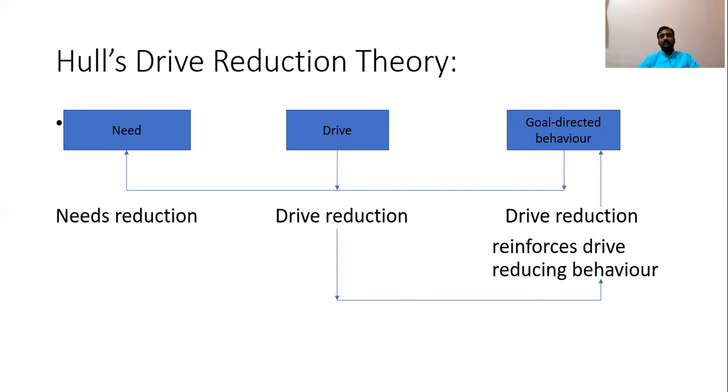So by explaining these two examples, Hull's drive theory explains the concepts of positive motivation and negative motivation. And we have various types of motivational process where unfulfilled needs, wants and desires make them continue with the tensions.